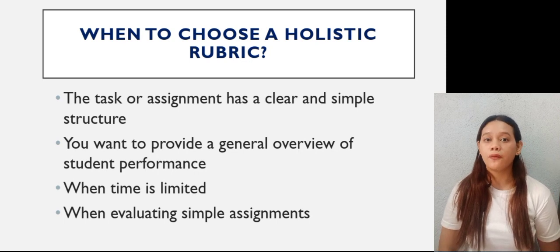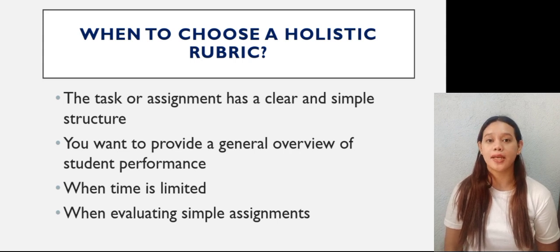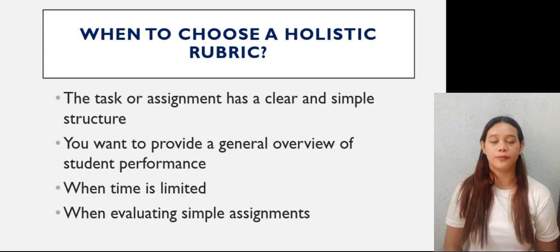Another one is when evaluating simple assignments. The holistic rubric can be a good choice when evaluating simple assignments that have a clear and specific objective. For example, a multiple choice quiz or a fill-in-the-blank worksheet may be evaluated using a holistic rubric.